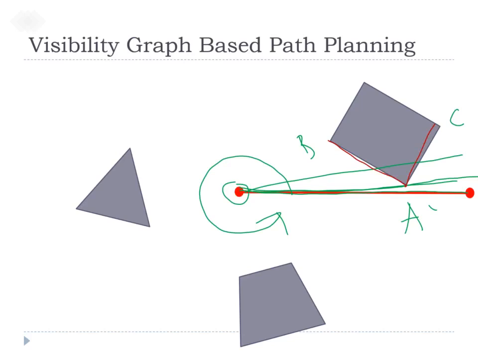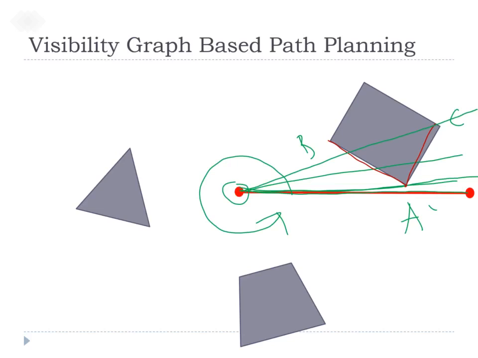As we move further and rotate the ranged sensor, there will be a point when this line of sight will be intersecting the vertex C. Now at this point you can see that the edge AC will be no longer obstructing or intersecting with the line of sight.